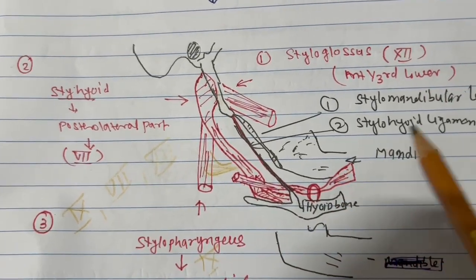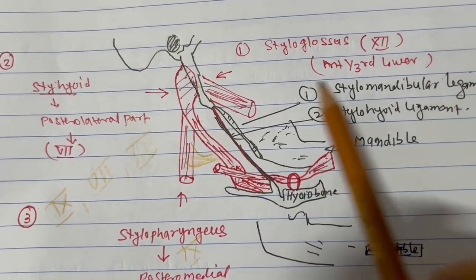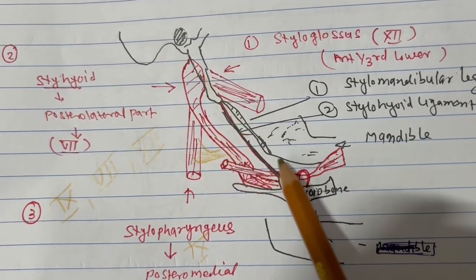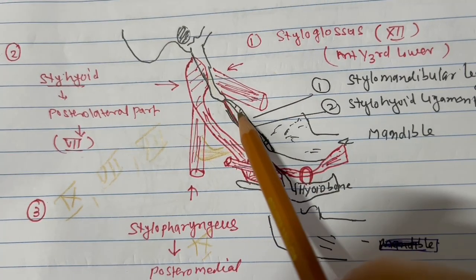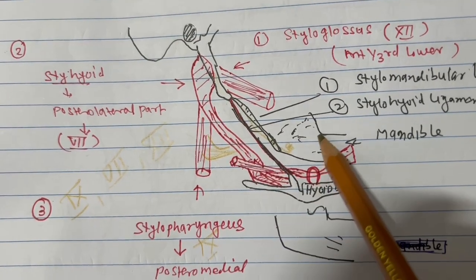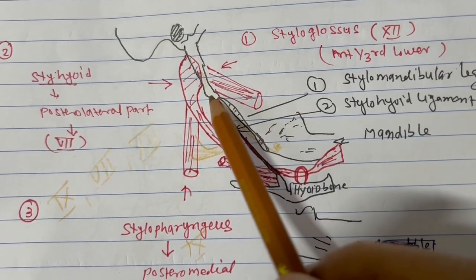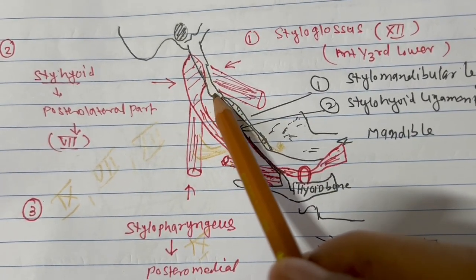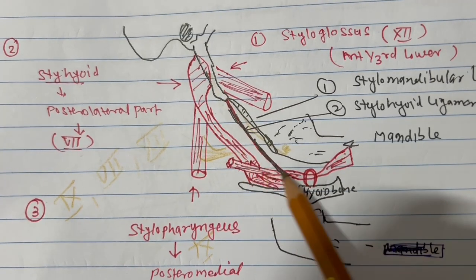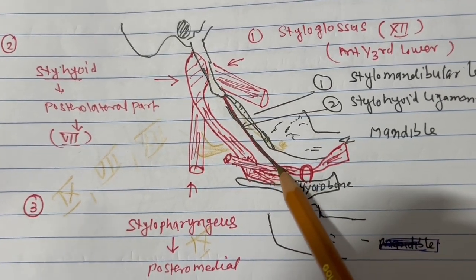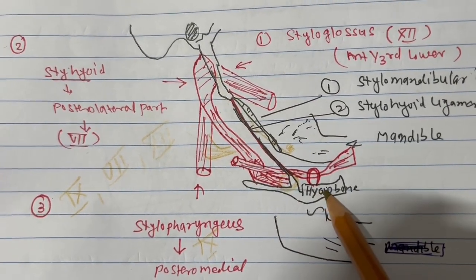Well, there are two ligaments. A stylomandibular ligament arises from the tip of the styloid process going into the angle of the mandible. Here, this is the mandible. While the stylohyoid ligament comes from the tip of the styloid process going into the lesser horn of the hyoid bone.